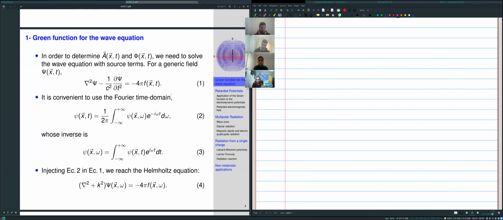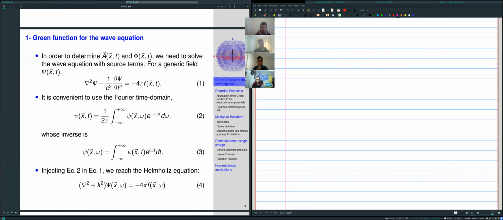In the last chapter, we started off with remembering the Maxwell equations, and we wrote down the wave equation for each of those cases. In the case of the electric potential, the source term is just rho.